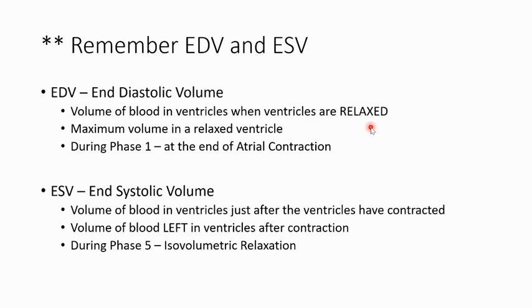As the atria are pushing blood into the ventricle, after atrial contraction, what is the maximum volume of blood in that ventricle prior to contraction? The ventricles are still relaxed. They have not contracted yet. So that is end diastolic volume. And end systolic volume is how much is in the ventricles after you've just pushed everything out.